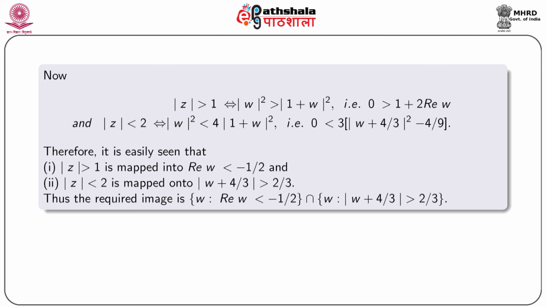Therefore, it is easily seen that |z|>1 is mapped into Re(W)<−1/2, and |z|<2 is mapped onto |W+4/3|>2/3. Thus, the required image is the set of points W such that Re(W)<−1/2, intersected with the set of points W such that |W+4/3|>2/3.